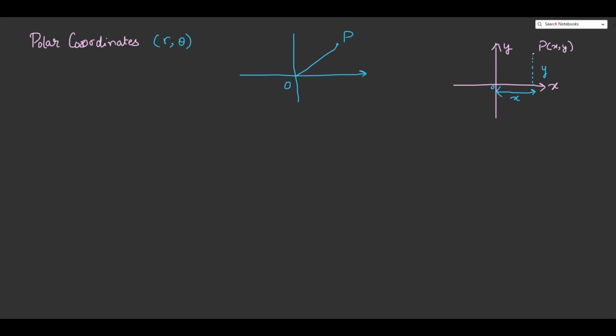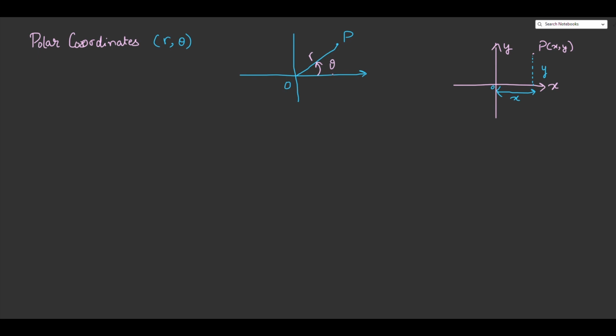The distance of this point from the origin is denoted by the letter r. So r is the radius, or you can say the distance of this point from the origin, and the angle this line makes with the positive x-axis is denoted by theta. So what are the polar coordinates? The polar coordinates of the point are r and theta. r is the distance, and theta is the angle which this line OP, or the vector OP, makes with the positive x-axis.